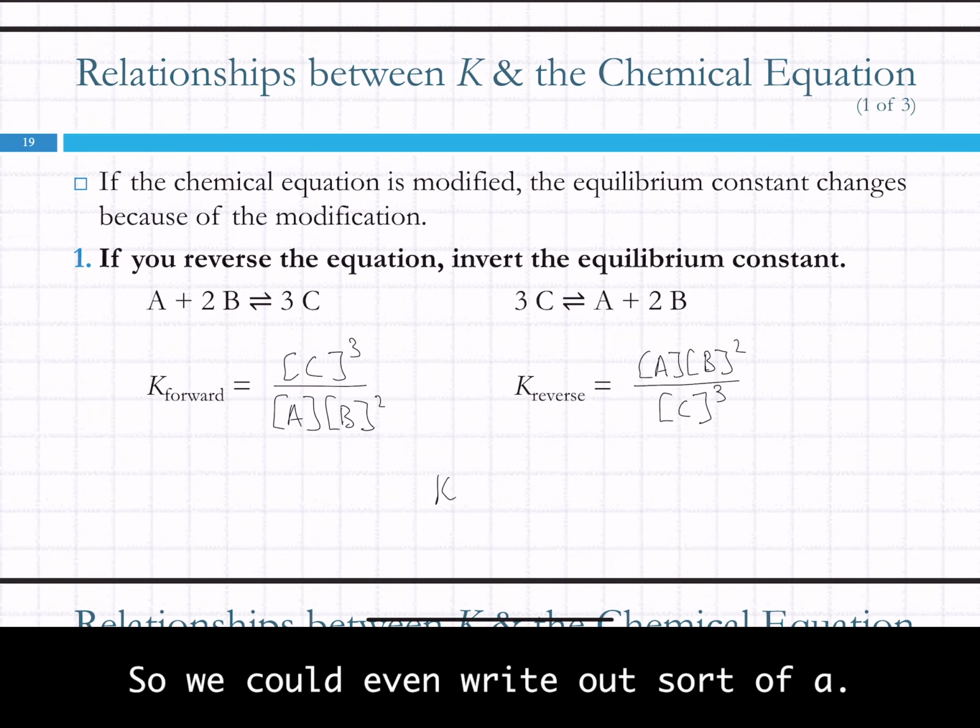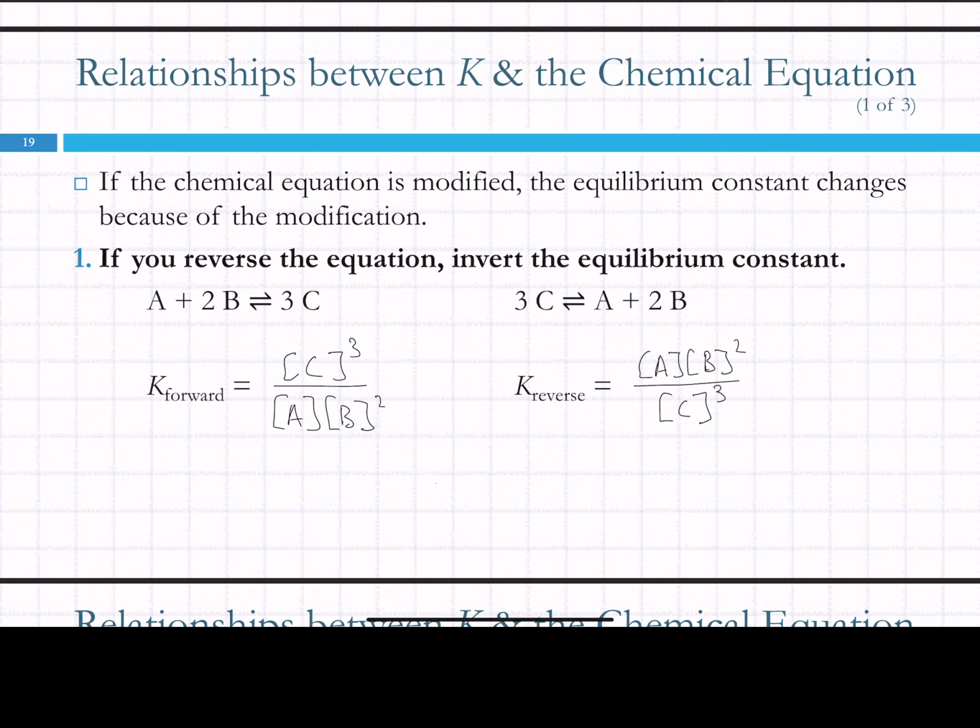We could even write out K for the forward equals 1 over K reverse. So you just inverse it.